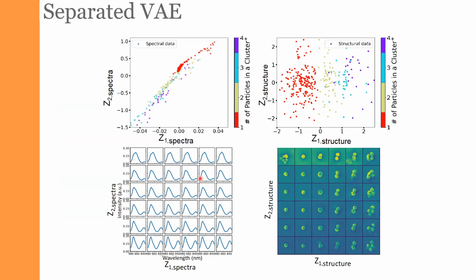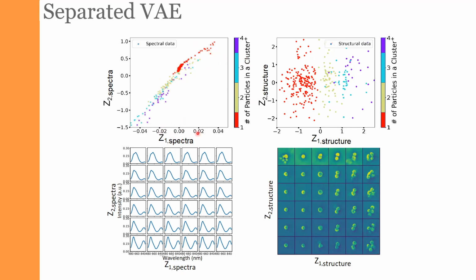The way that we can do that is by taking the normal variational autoencoder, the same example I've shown in the previous lectures. And then you know the drill. We take the spectra of all particles, we train the autoencoder, we visualize the latent distribution.